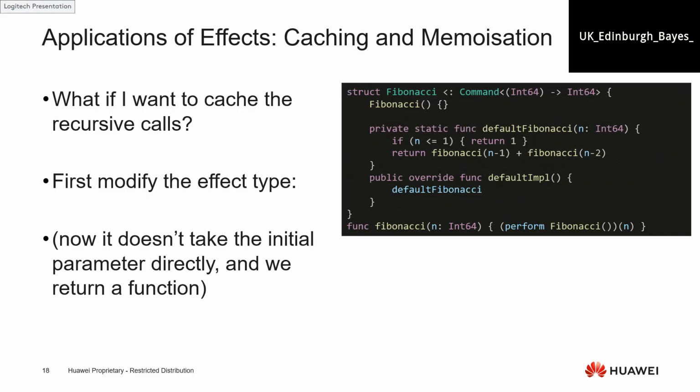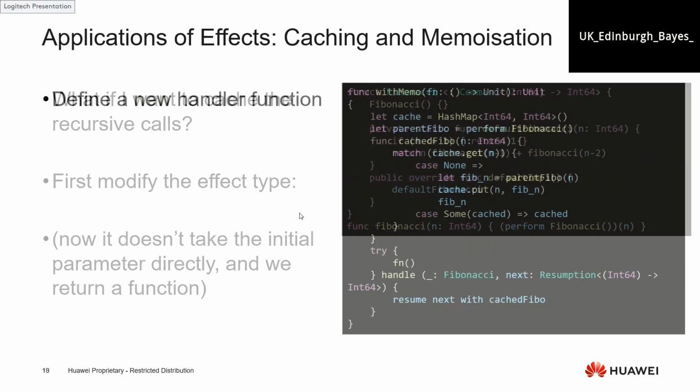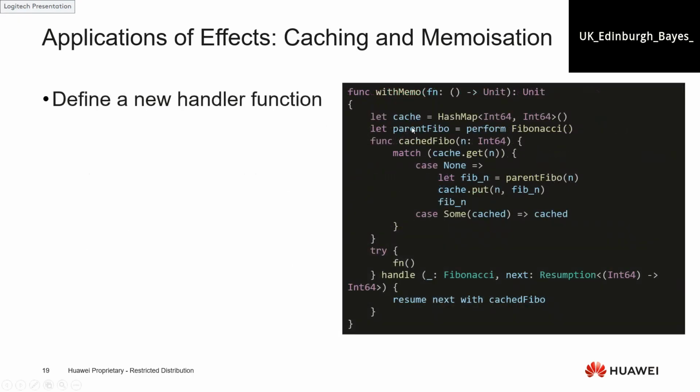That's okay. You can also extend this to cache the recursive calls themselves, and not have to cache between calls. So you can modify the effect type to take an initial parameter. It doesn't take the initial parameter directly. You specify an extra parameter, and the handler gets a bit more complicated.